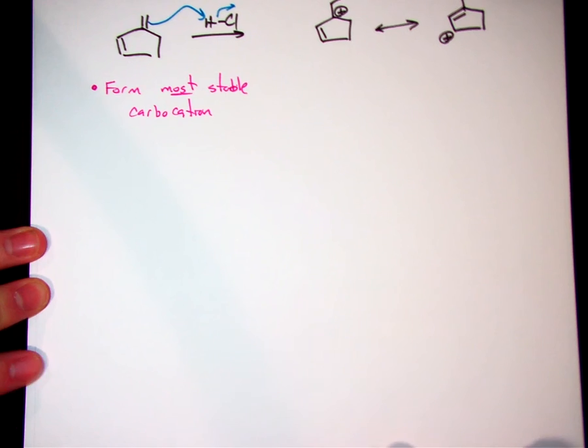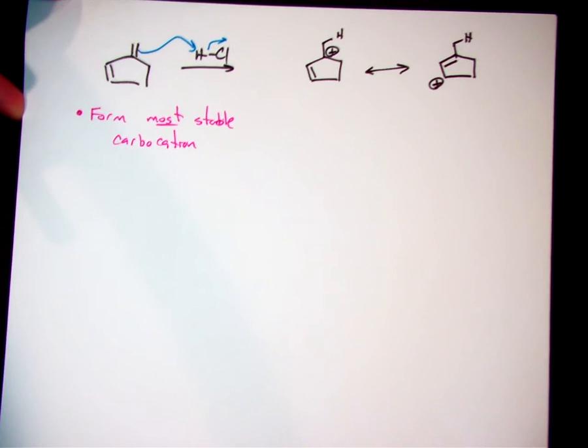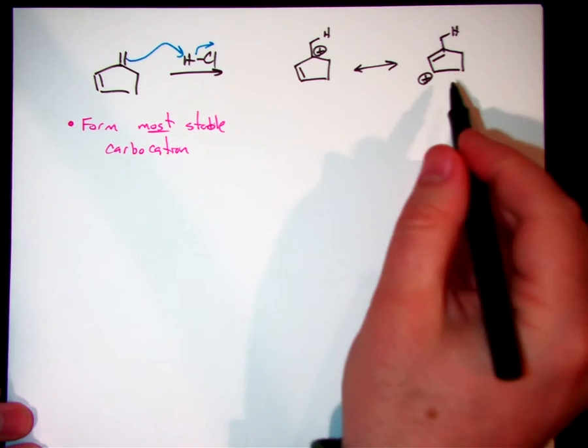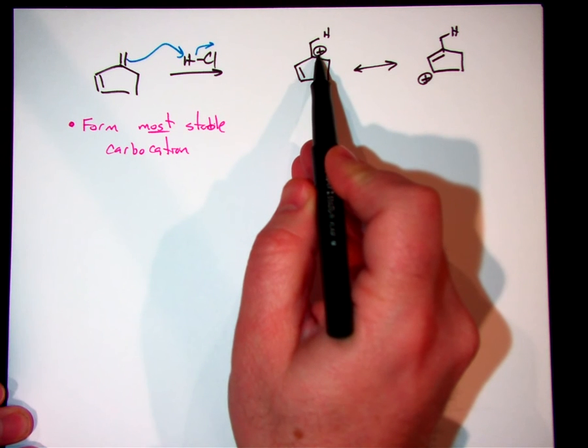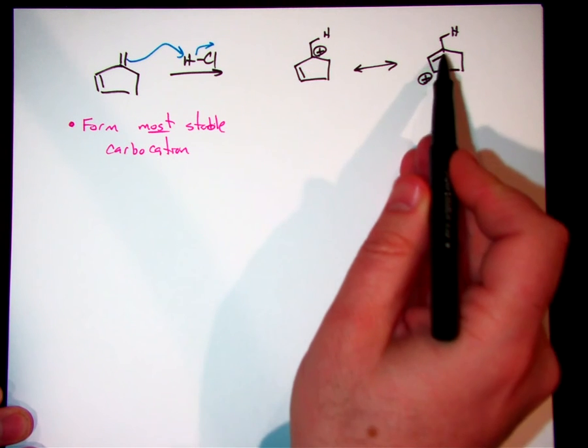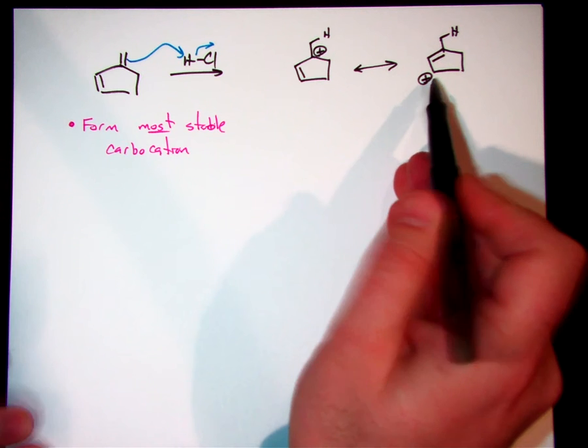That looks like this. Let me scoot that down so we can see. So we protonate this terminal carbon, and we end up with a tertiary carbocation that has a resonance structure where we're sharing that positive charge with a secondary center.